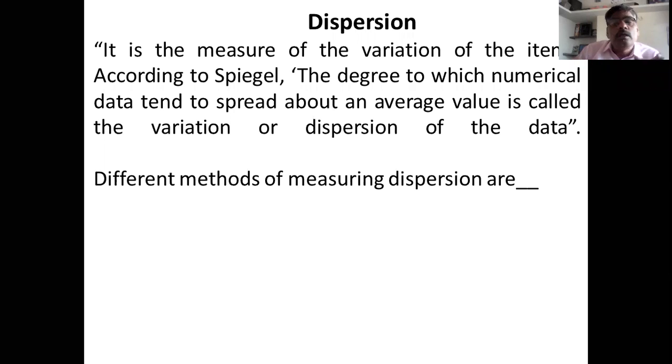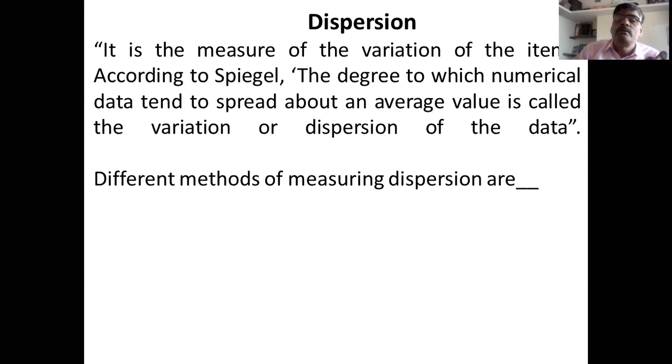If the variation is compared with any one unit, or in percentage form, or in a fraction of a unit, that is called relative measure. We do not consider the physical units; we consider one unit or percentage for knowing the relation between the value and its average value.